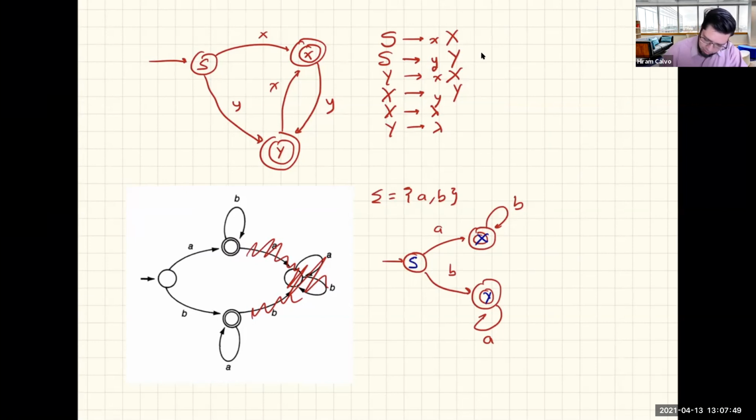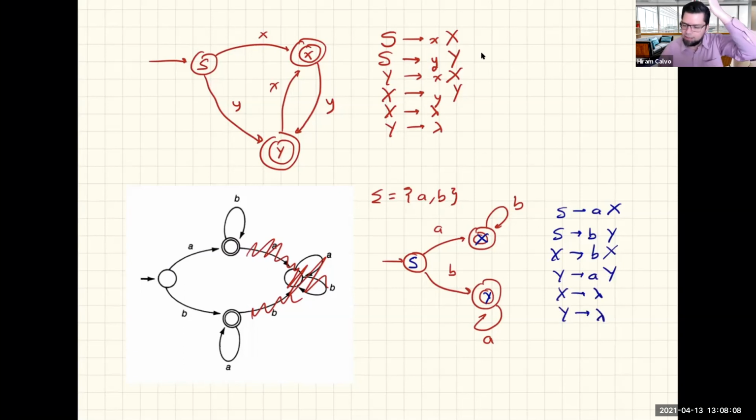So you can write S to AX or S to BY, X to BX, and Y to AY. And the accept states X and Y. Right? So I saw very quickly, if you added another accept state, it is not correct.